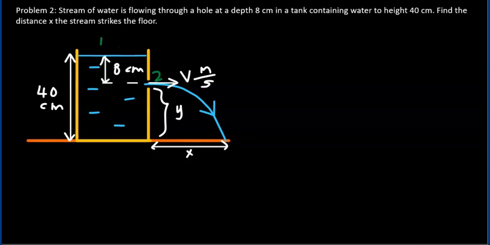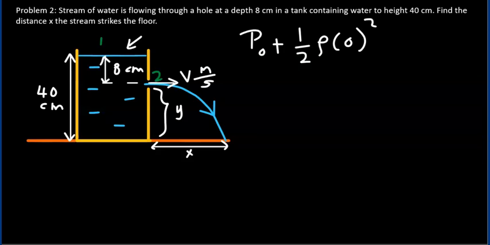Point 1 is open to atmosphere, so the pressure there is atmospheric pressure. Let's write it as P naught, plus this is the surface of the tank. So the water there is still, it's at rest, it's not moving. So speed there is 0.